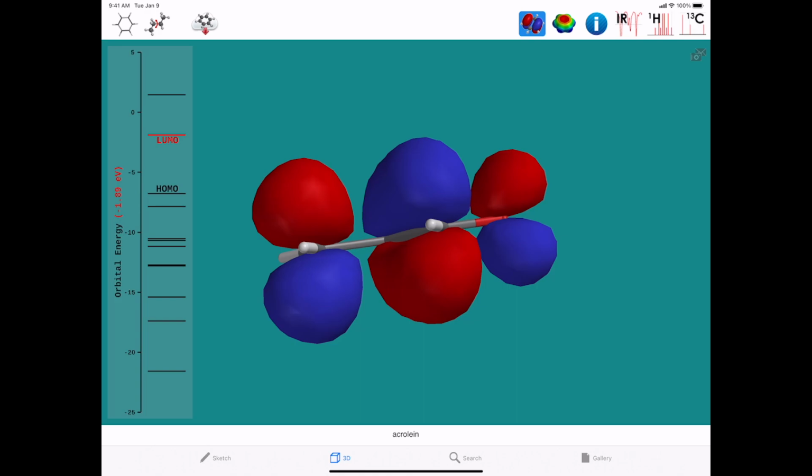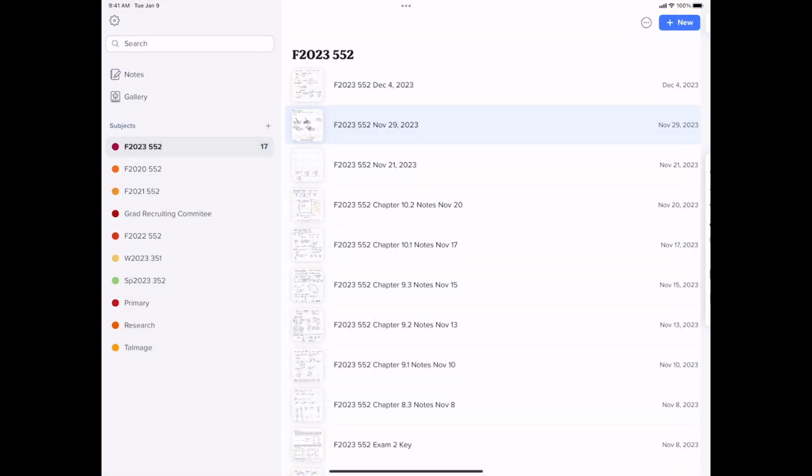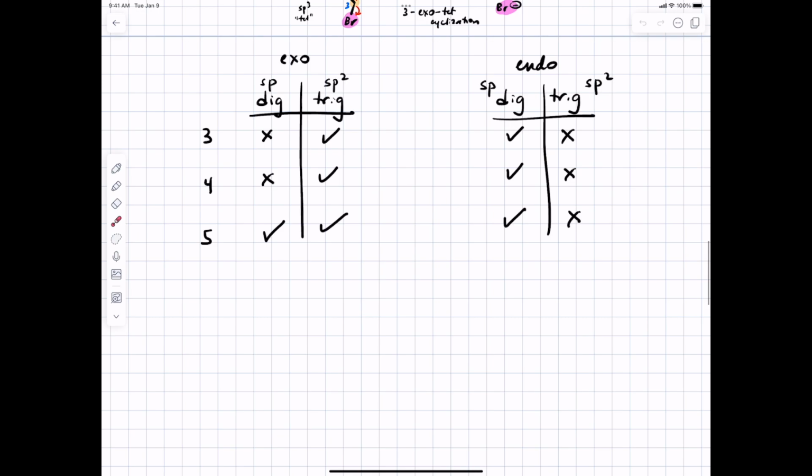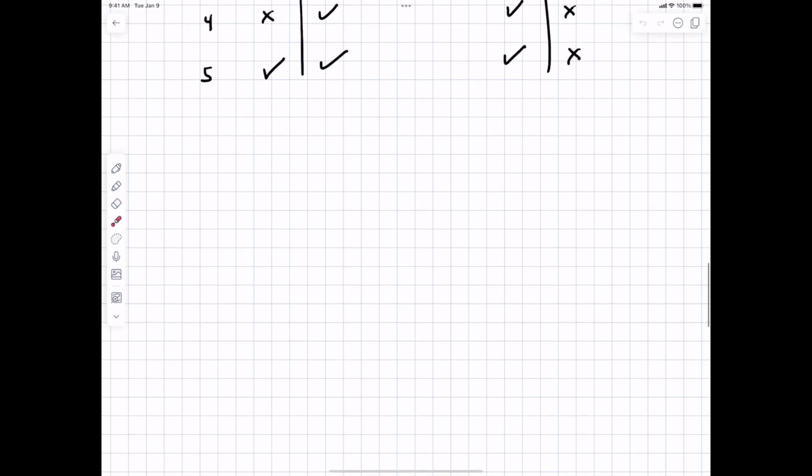The nucleophile has to be able to overlap with that LUMO. So one of the reasons some of these cyclizations are not favored is because it's hard for the nucleophile, given the ring constraint, to get into the right position where it could even attack where the pi star is. So I'll give you an example of a cyclization that's disfavored.